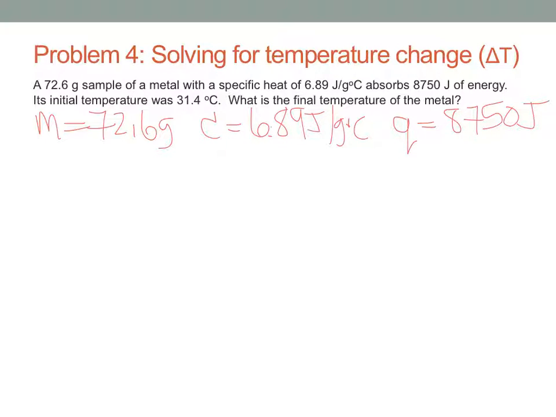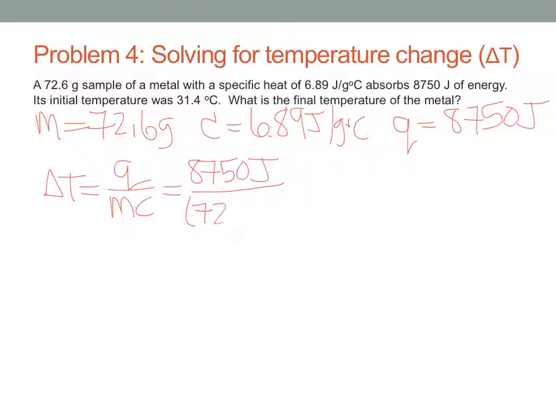Now the first thing we have to do is solve for delta T. So rearranging our equation, delta T is equal to Q over m times C, which is going to be equal to 8,750 joules divided by our mass, which is 72.6 grams, and our C, which is 6.89 joules per gram degree C.